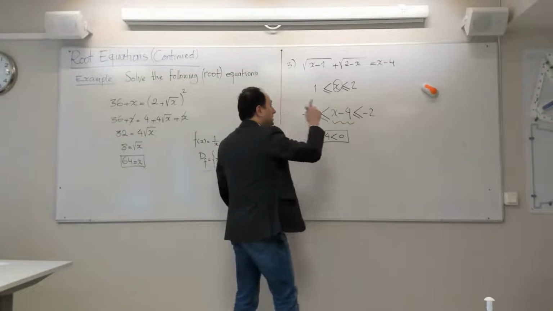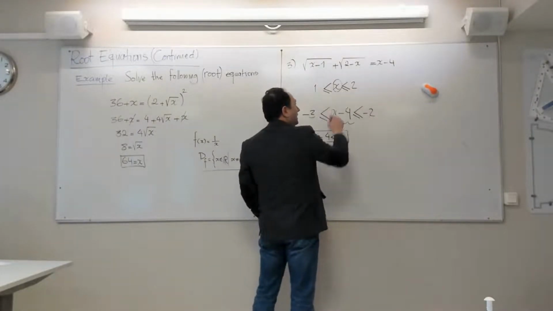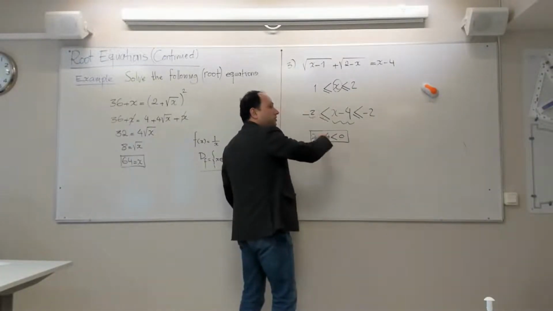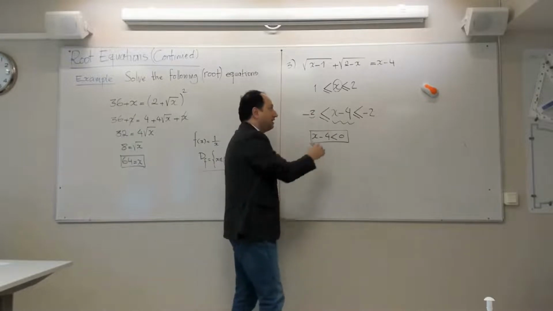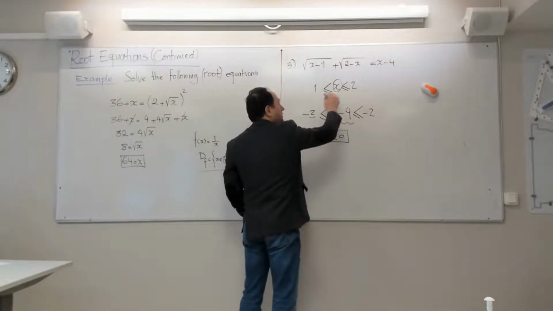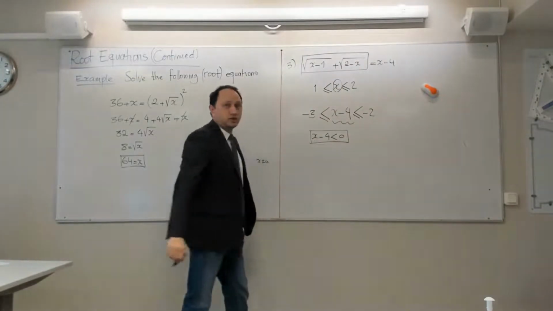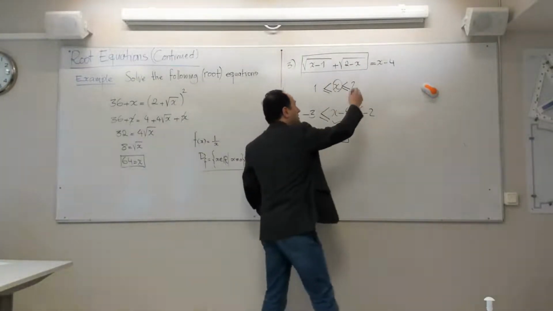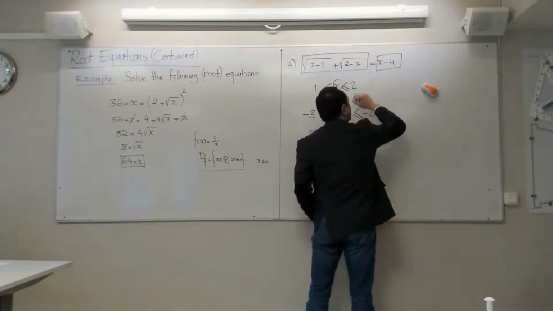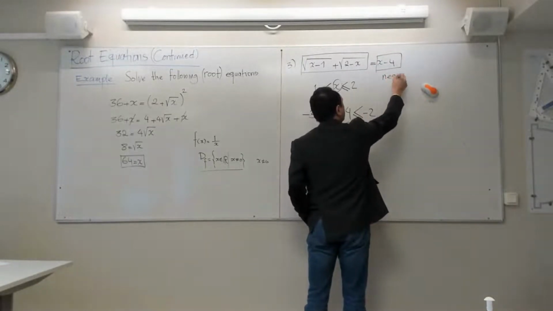But if x is between 1 and 2, another strange thing happens. I am okay from this side, no worries for the time being. But the problem is that the right-hand side becomes negative.